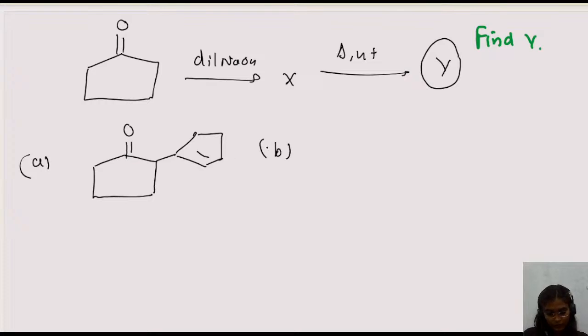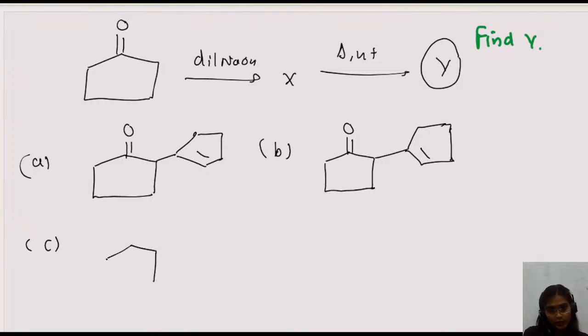Option number B. This is option number B. Please tell me if you need time to solve, I have to write the options. And this is option number D.